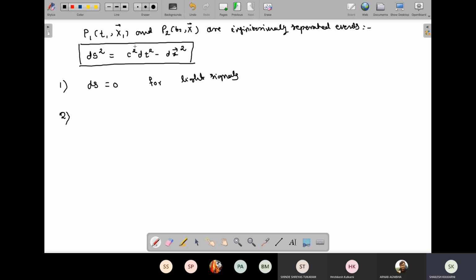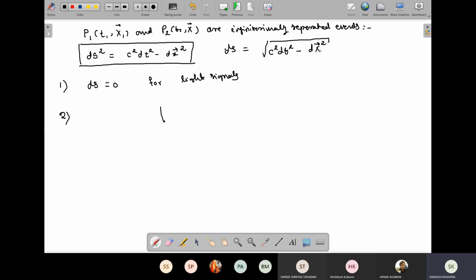If I take the square root, ds will be the square root of c square dt square minus dx square, a differential of order dt and dx.